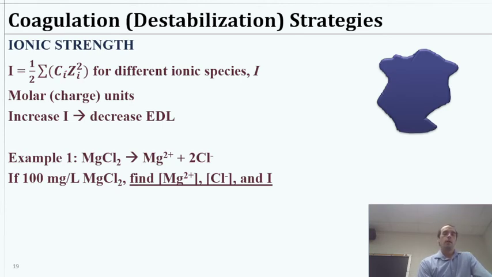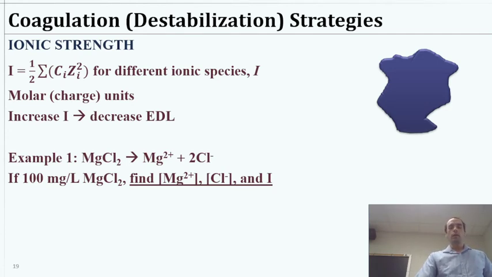Our formula is 1/2 times the sum of the concentration of a given species times its charge squared for all species in solution. That needs to be molar concentration for the C there. So essentially, if we increase the ionic strength enough, we're going to decrease that electrical double layer and get our destabilization.